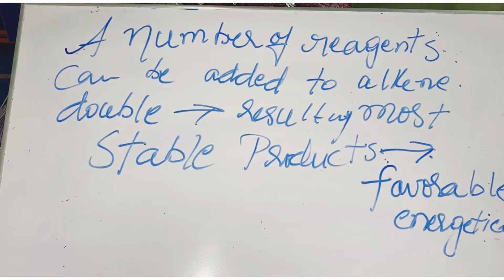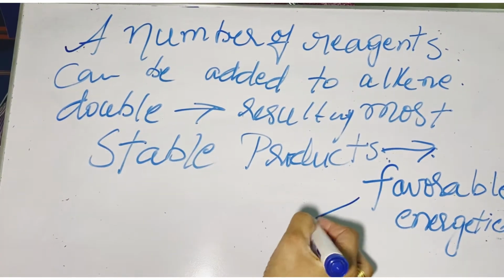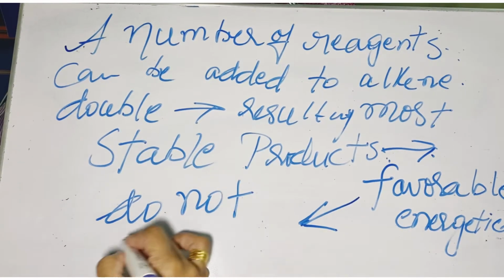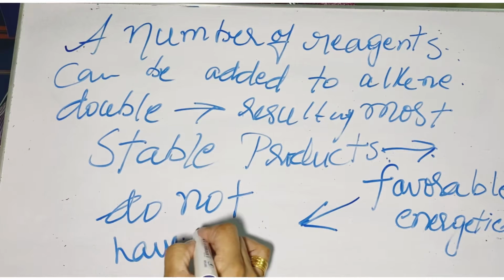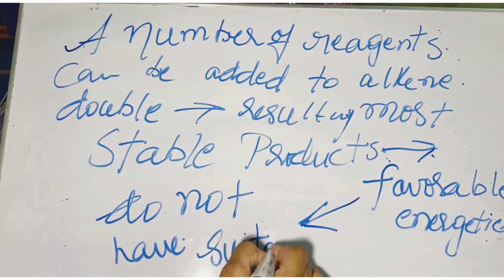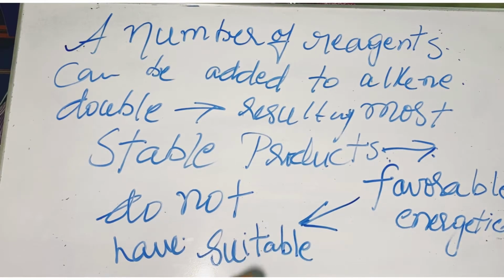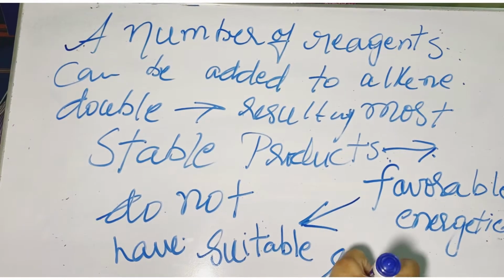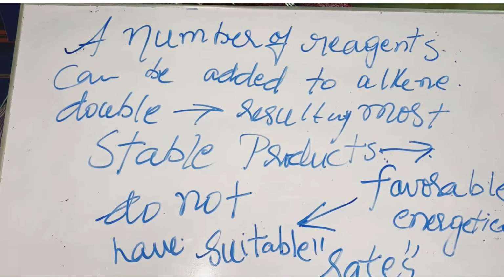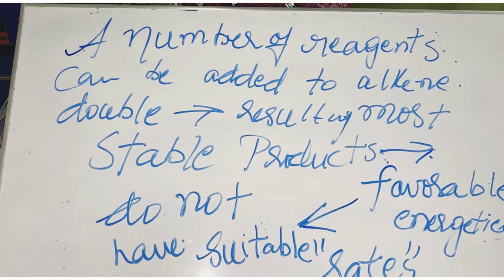But of course they do not have suitable rates. Now what are rates? Of course, we are talking about the rates of reaction, not the rates of the products you are finding in shopping malls.